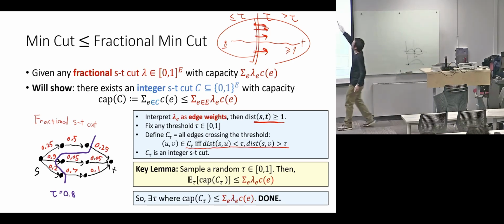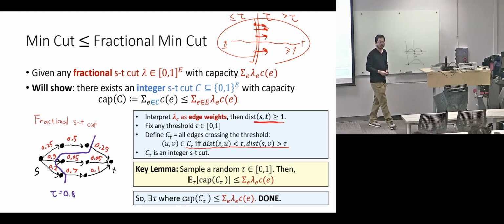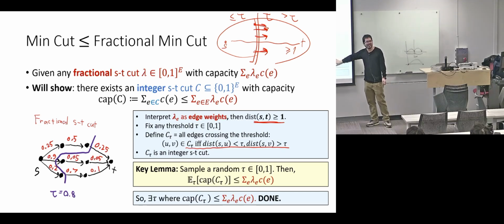In particular, there will be some edge on the path that I will cut. So this is true for every path, that I'm going to cut some edge on the path. So there's no path from S to T left. Okay. More questions? Okay, so we're going to prove this now.